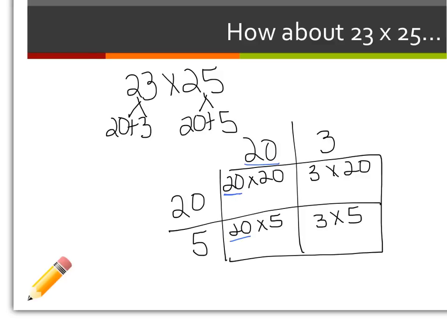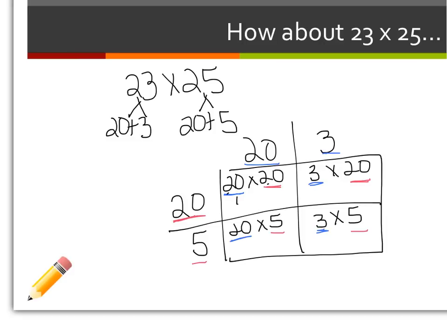The 20 from the top goes in as the first digit in each box on the left, and the 3 from the top goes in the first digit in each box on the right. The 20 from the side goes as the second digit in the two top boxes, where 5 comes in as the second digit in the two bottom boxes. Then I use the strategy for multiplying tens to find my answers.